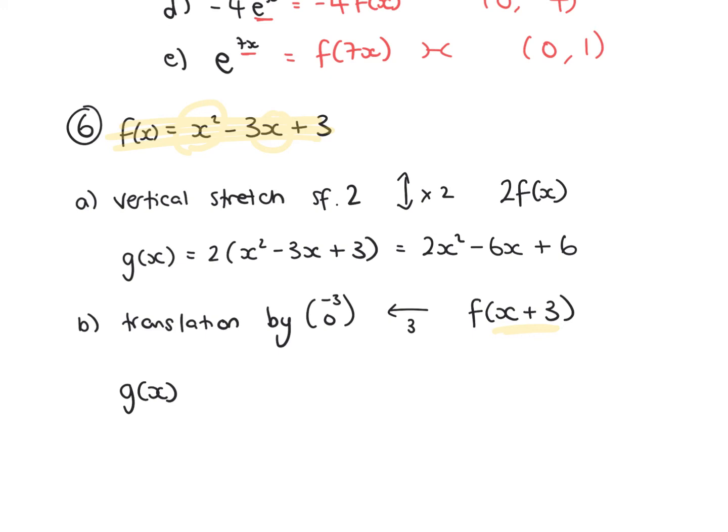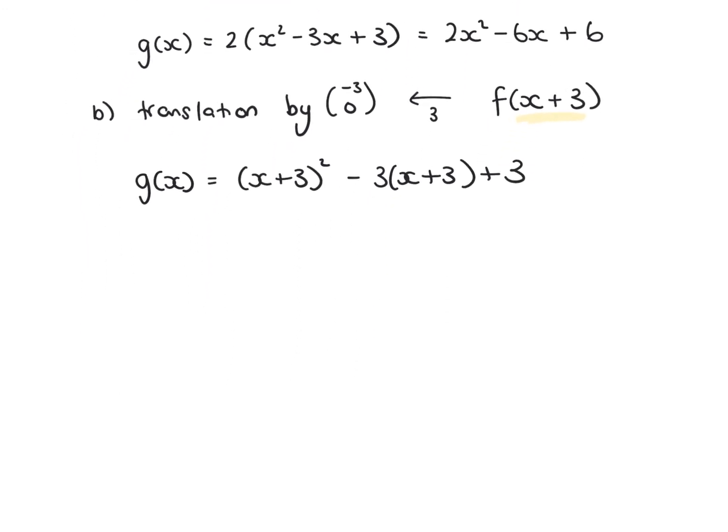So if I do that, that gives me (x plus 3) squared minus 3(x plus 3) plus 3. And the question does say give this in its simplest form, so we're going to need to multiply this out. So (x plus 3) all squared will be x squared plus 6x plus 9, minus 3 times x is 3x, plus 9, plus 3.